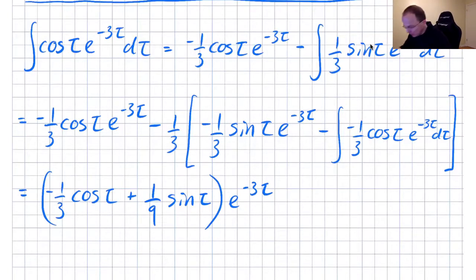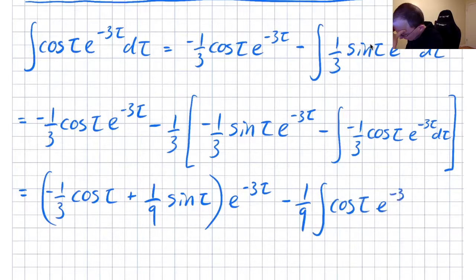Then we have to be careful with the sign here. So we have plus 1/3 multiplied by minus 1/3. That'll be a minus 1/9 integral of cosine tau e to the negative 3 tau d tau.